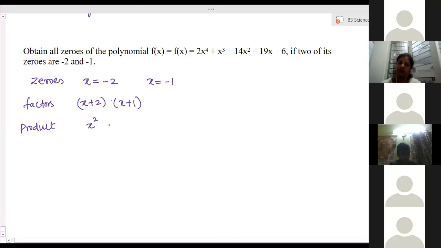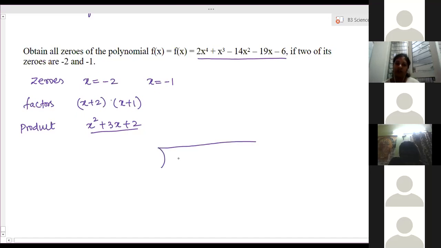x squared plus 3x plus 2, using the identity (x plus a)(x plus b). Right? Now you have to divide this polynomial with this polynomial. Able to understand? Yes, ma'am.